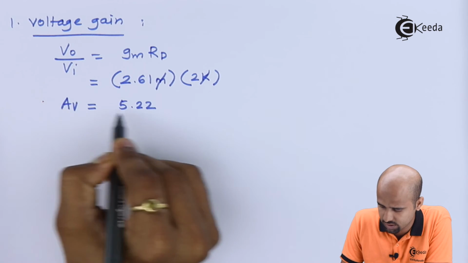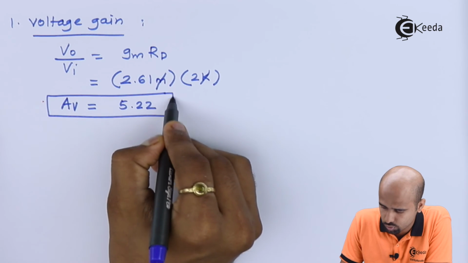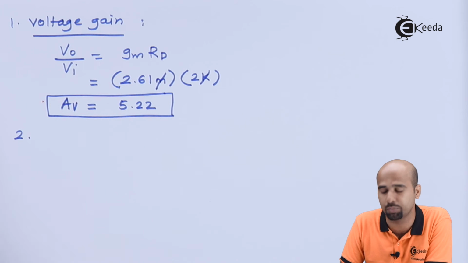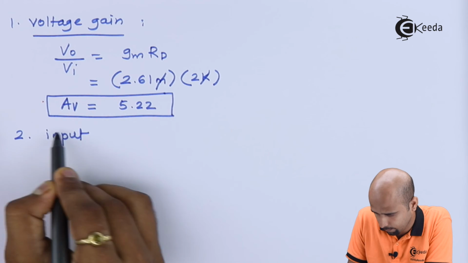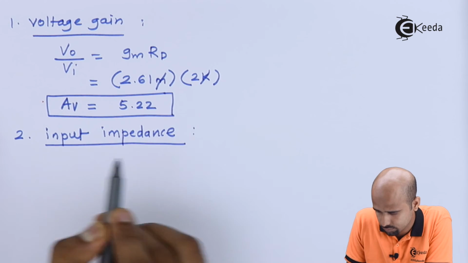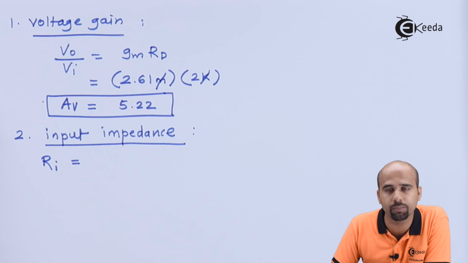So AV is equal to 5.22. Let's move further for the input impedance. What's the value of input impedance?